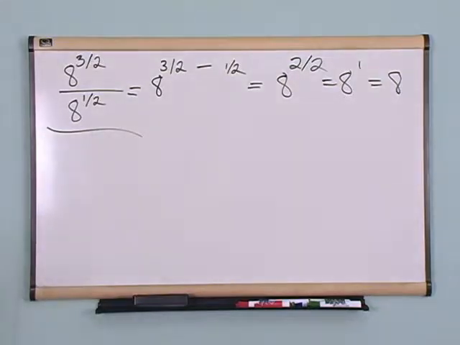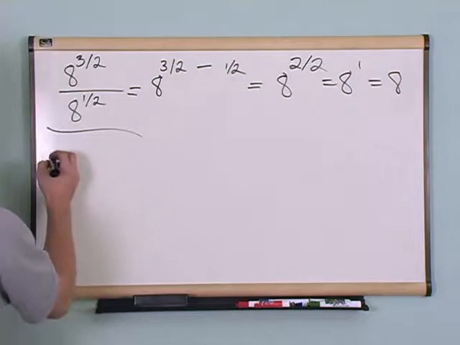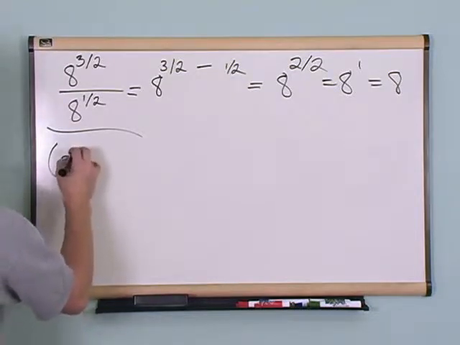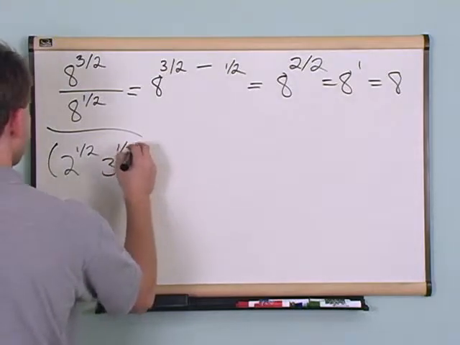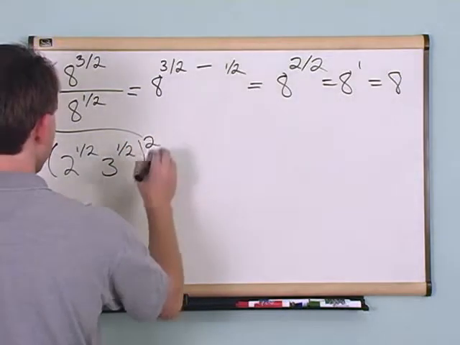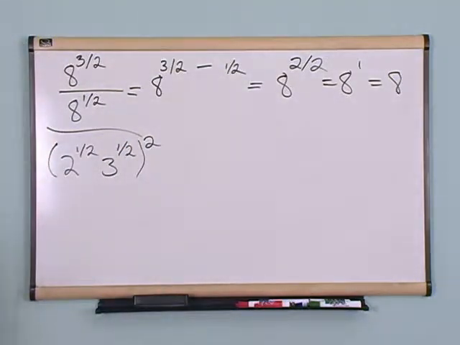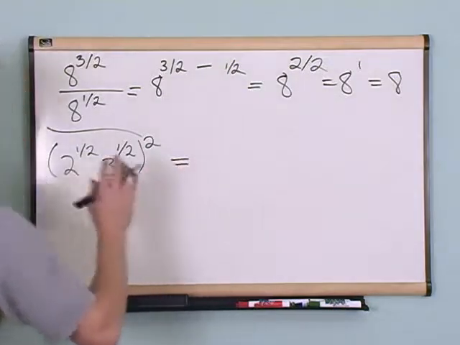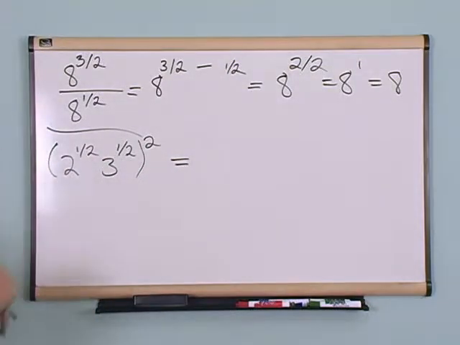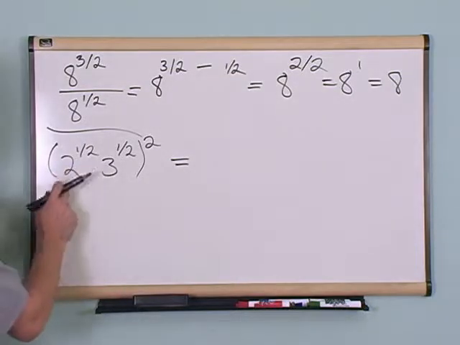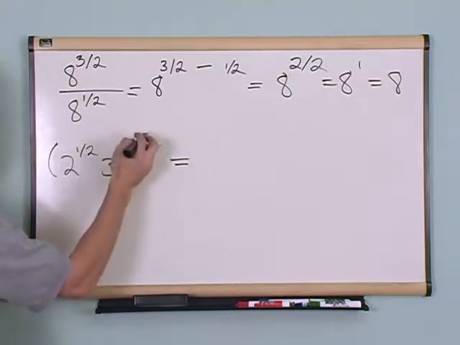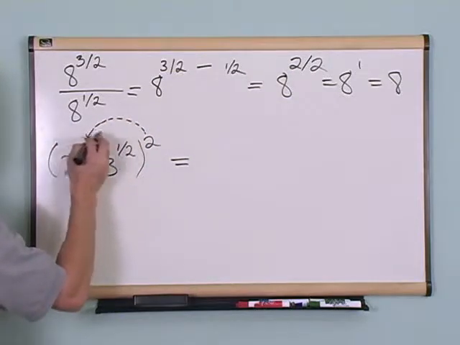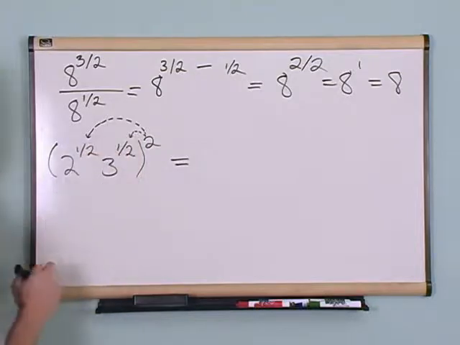Now we're going to move into problems a little bit different. If you have 2 to the 1/2 times 3 to the 1/2, and that's all, again, raised to the 2nd power, how would you handle that? Now remember, we're building here. At first I have simple and we get more and more complicated. So when you have two things inside and you have an exponent, remember what I told you before, what you end up doing is distributing that exponent into these exponents here.